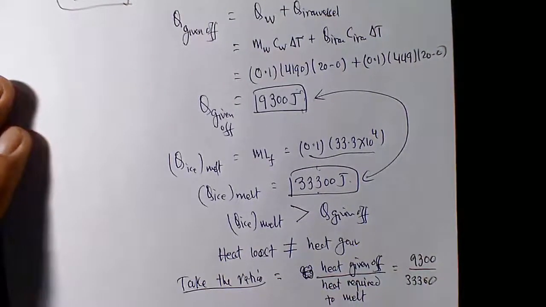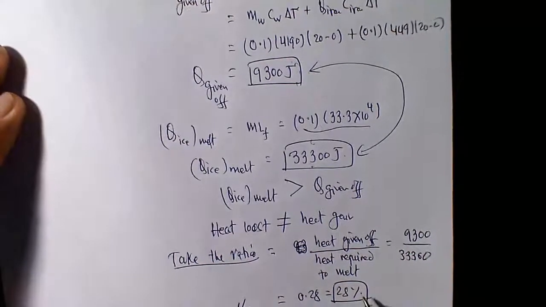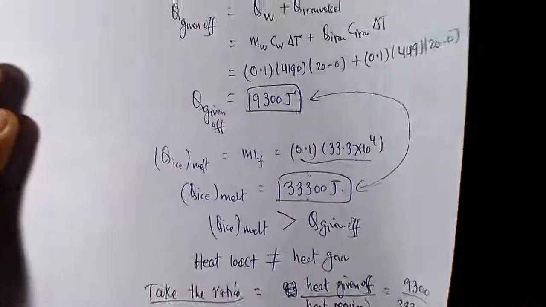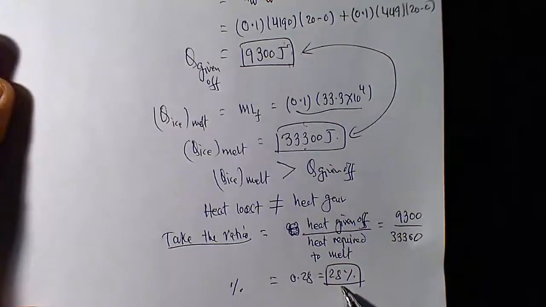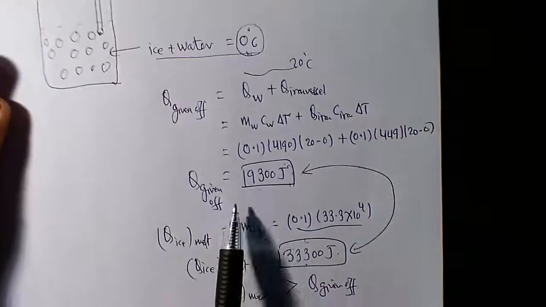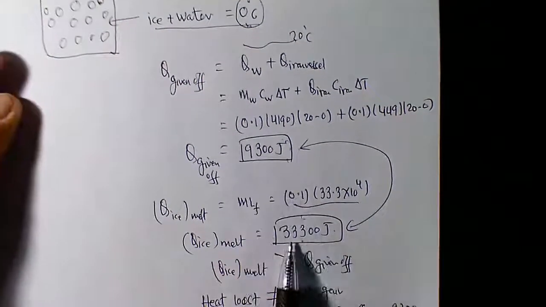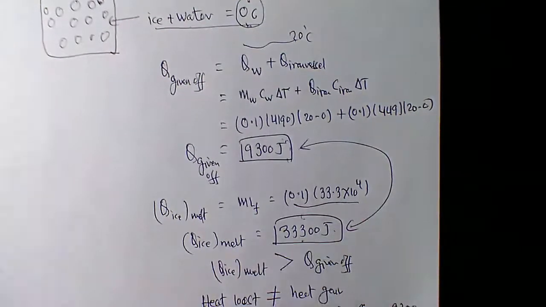Only that much fraction of ice will melt. So it's about 0.28, which is 28%. Only 28% of ice in this process will melt, and it's only a fraction, about 1/3. Why? The reason is, I told you, because heat given off by hot objects in this system is not enough to melt the whole volume of ice.